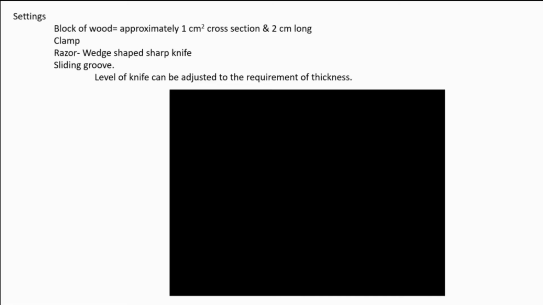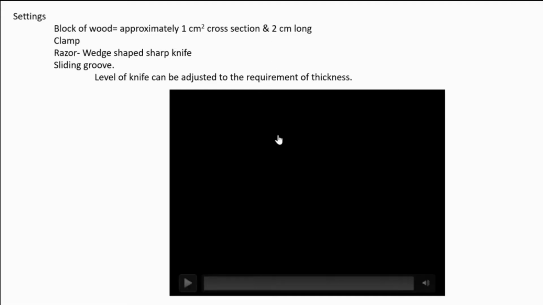It is adjusted for obtaining a desired thickness of slice. By adjusting the level of the knife, we can produce sections of desired thickness. In this video, we are going to see the working of a sledge microtome.